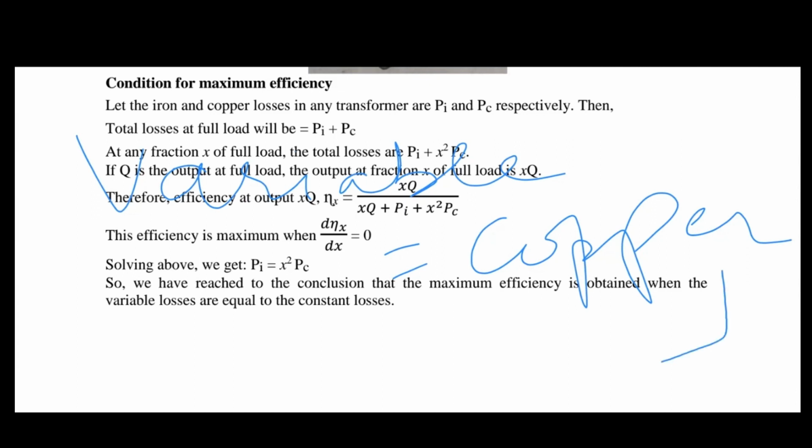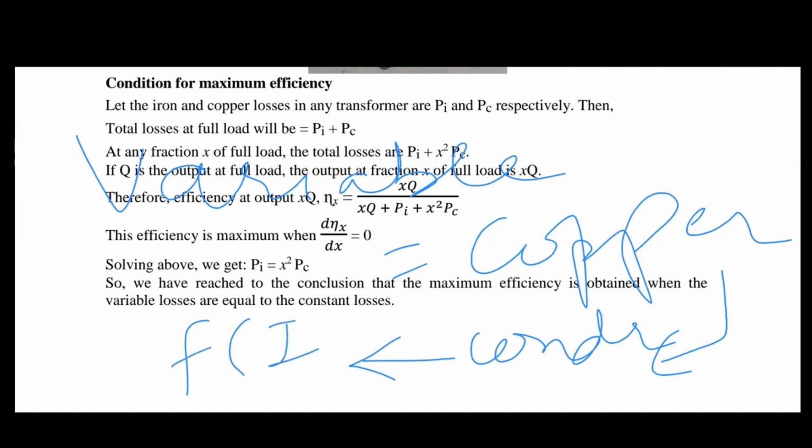Due to the flow of current. So these are conductor losses, and conductor losses are a function of current. And why does this current flow? Current flows when there is a connection of load. We are talking of the load current.